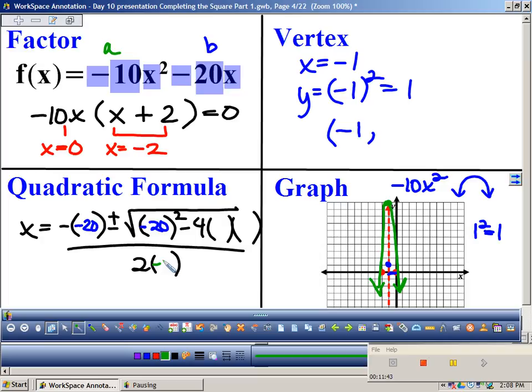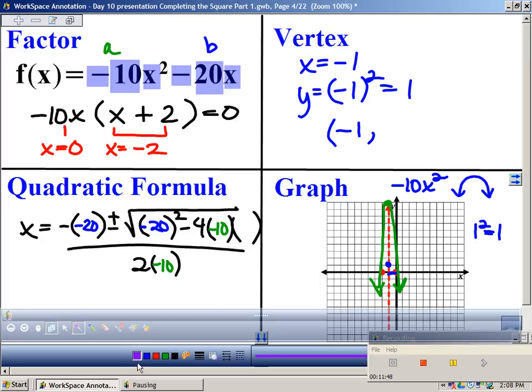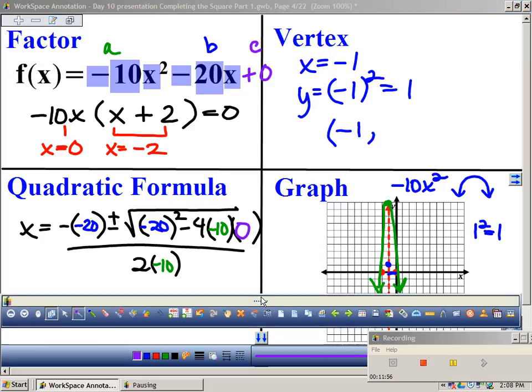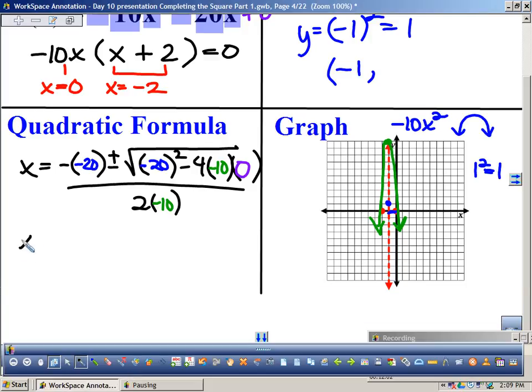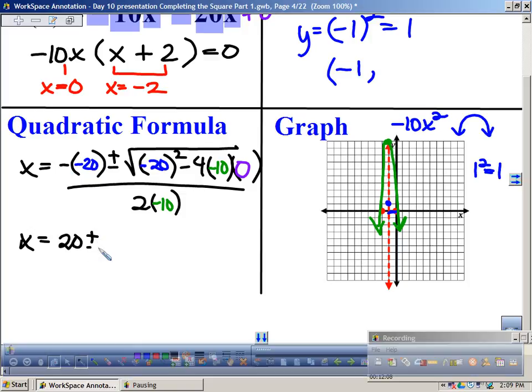So that goes here and here. And I don't have a C. There is no C. Well, that makes this number a lot easier. Okay, let's finish this off. So, X equals negative 20 times negative is positive 20, plus or minus the square root of 20 squared is 400.